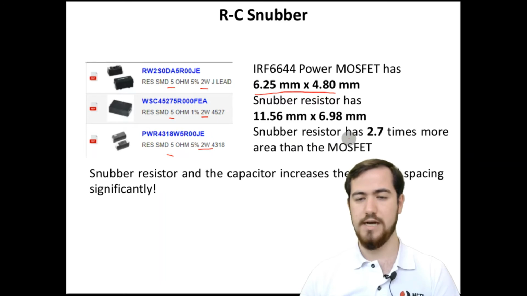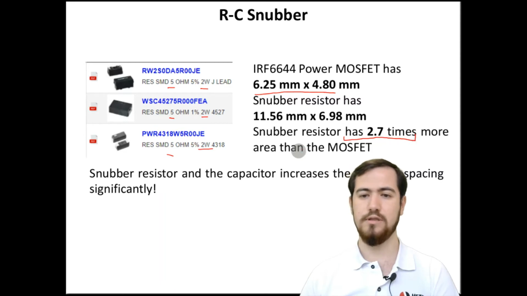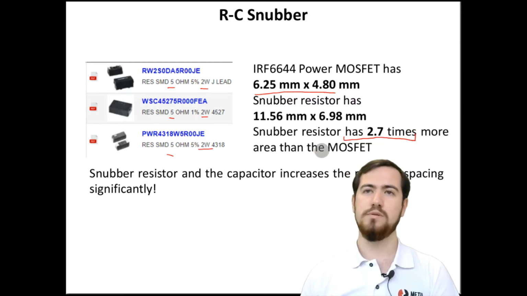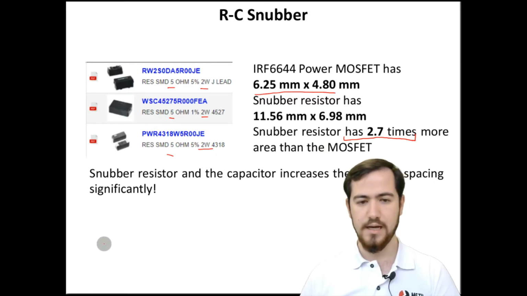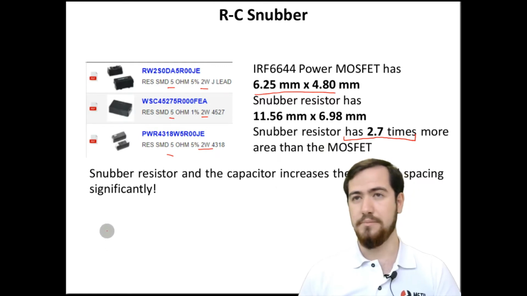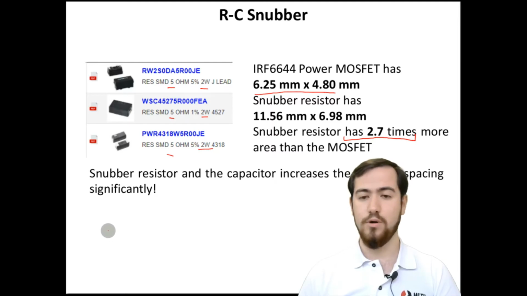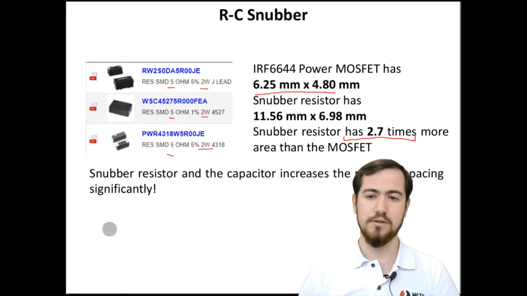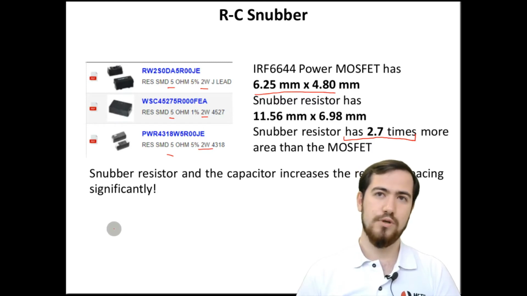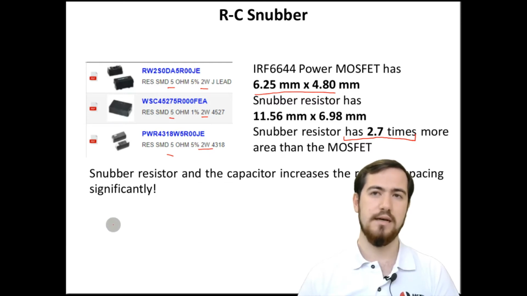So the total area of our snubber resistor is 2.7 times more than our MOSFET, which means that in order to reduce the overvoltage, the voltage induced on our switching components, and in order to eliminate the inductances, we need to pay this price with the increased space limitations for our circuit. So that is the drawback of this design.